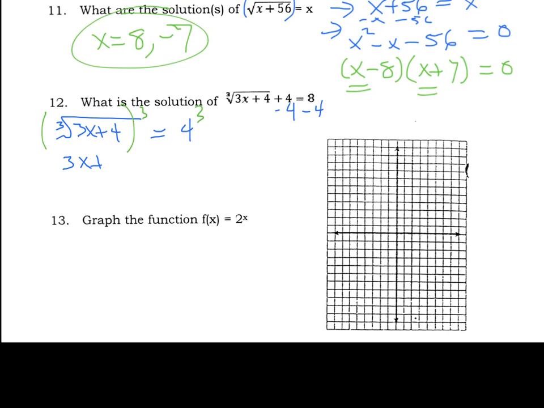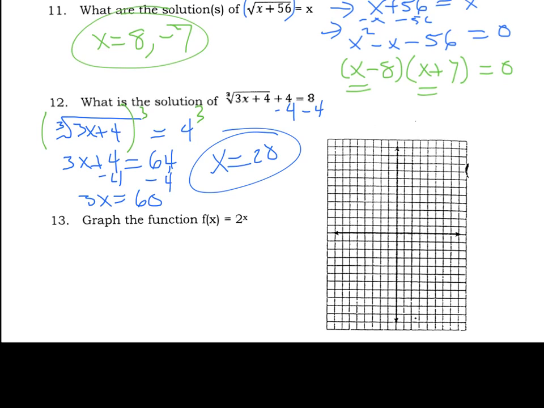So 3x plus 4 equals 4 to the third power, which is 64. And now it's a pretty easy solve. No factoring here. I just have to minus 4 from both sides so that 3x equals 60. And you can divide by 3 and x will be 20.